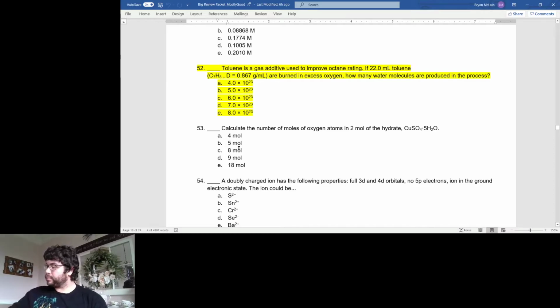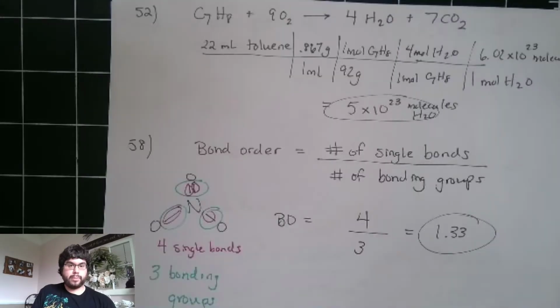This one. So it says toluene is a gas additive used to improve octane rating. If 22 milliliters of toluene, which has a density of 0.867 grams per mil, are burned in excess oxygen, how many water molecules are produced in the process? Let me go ahead and switch over to the document camera.